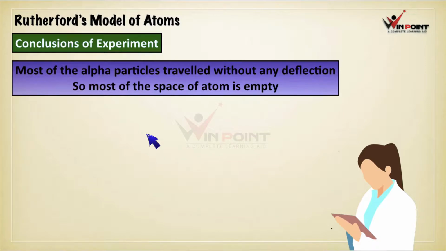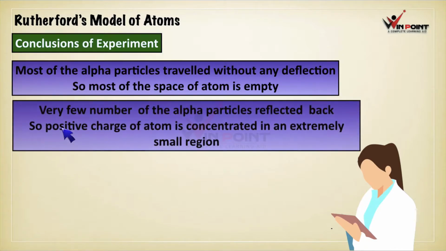But most of the alpha particles traveled without any deflection, so we can say that most of the space of an atom is empty. When an alpha ray is traveling through an atom, it won't deflect because most of the space is empty.